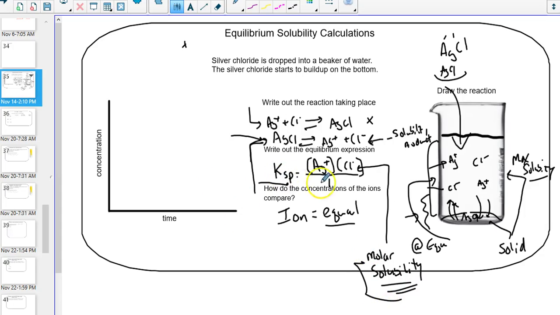Next, the reason we use this formula: people in industry wanted a K value that correlated proportionally to molar solubility.